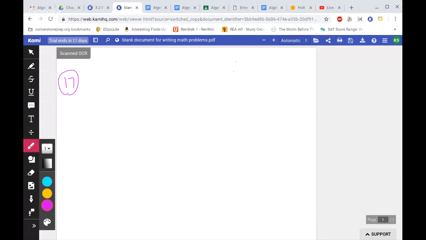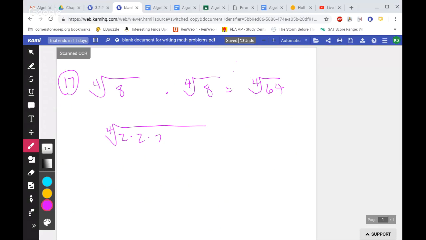17. Okay, that's the fourth root of 8 times the fourth root of 8 equals the fourth root of 64. Which then I would go ahead and factor, 2 times 2 times, and I just happen to know how many twos. Scary. 4, 5, 6, 7.